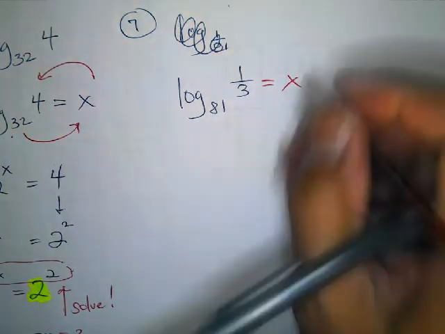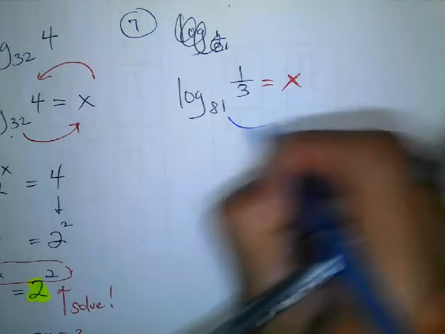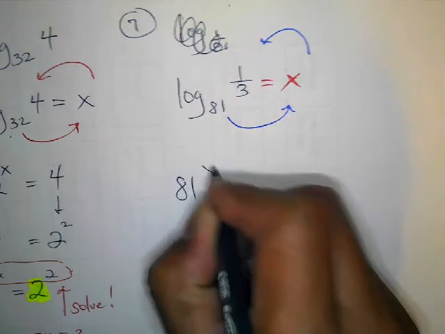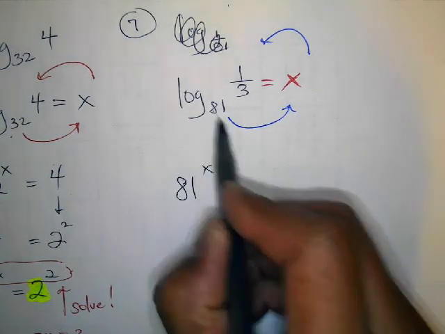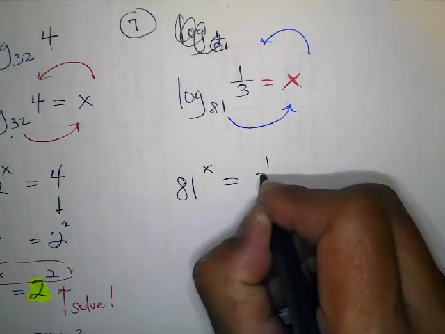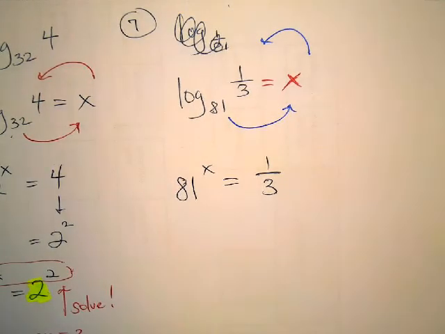That's the base. Okay, well, you know what we're going to do. We're going to put equals x. Then we're going to change it to exponential form. It's going to be 81 to the power of x is equal to 1/3.